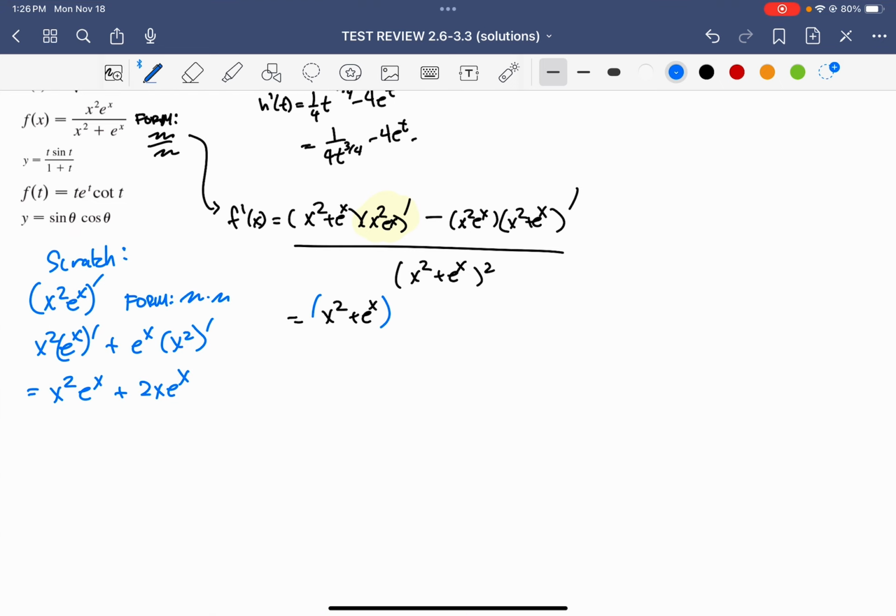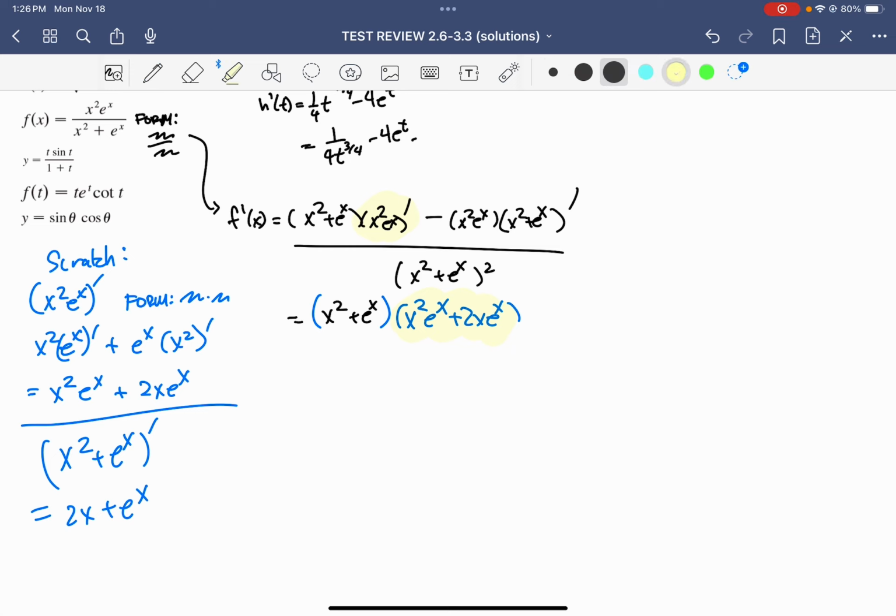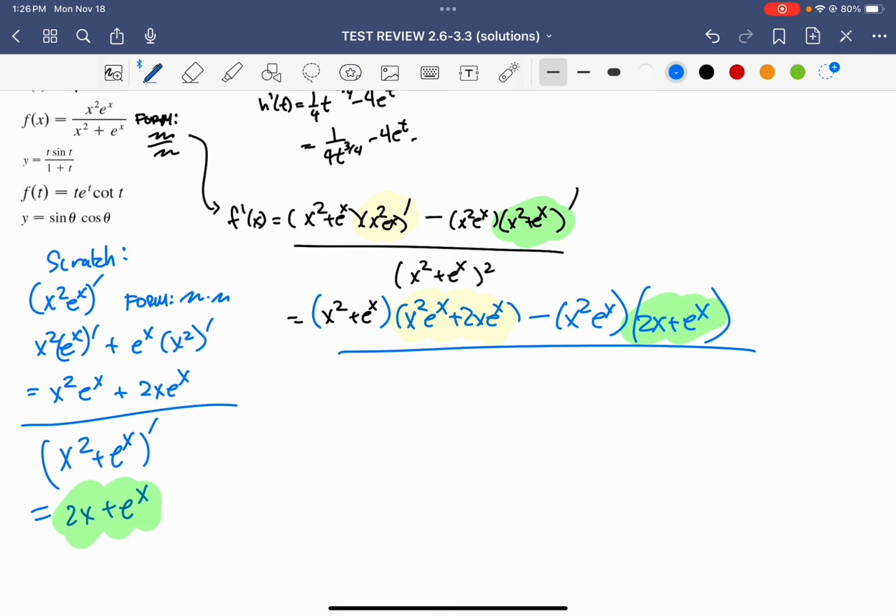And so that means all of this right here is x squared e to the x plus 2x e to the x. So all of that is just that, right? Then if we come over here, I need to do x squared plus e to the x, and its derivative is just 2x plus e to the x. So all of this can just be replaced with 2x plus e to the x. It's multiplied by this over x squared plus e to the x squared.